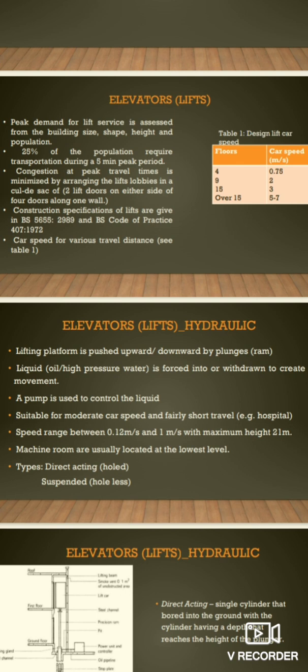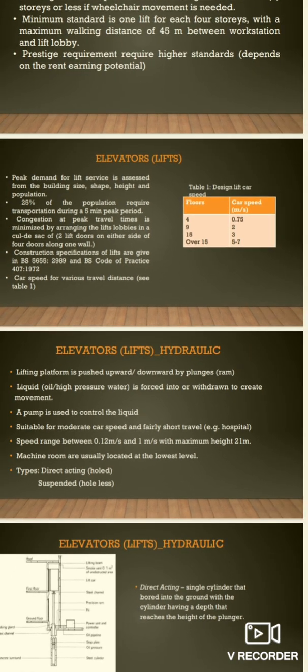And elevators lift hydraulic lifting platform is pushed upward and downward by plungers. Ram liquid oil or high pressure water is forced in and withdrawn to create movement. A pump is used to control the liquid, suitable for moderate car speed and fairly short travel.